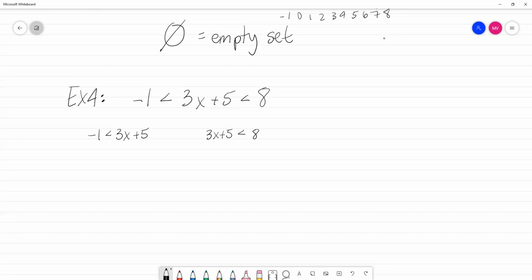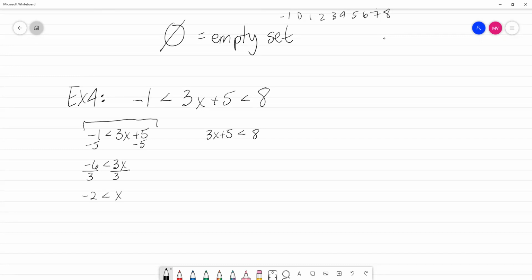Right now, we're just working with this one. Okay, so you subtract 5 from both sides. There you go. And then you have -6 is less than 3x. And then you divide both sides by 3, you get -3 is less than x.